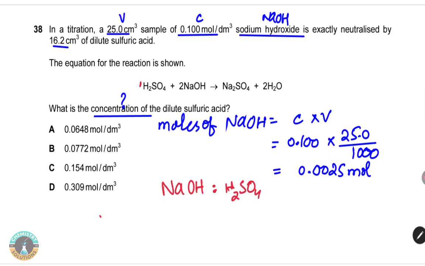From the equation we will take the moles. 1 mole of sulfuric acid reacts with 2 moles of sodium hydroxide. If we have 0.0025 moles of sodium hydroxide, how many moles of sulfuric acid will there be? So 0.0025, we have to divide this value by 2.